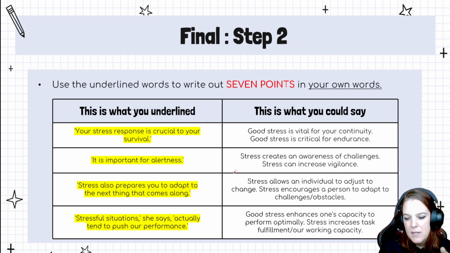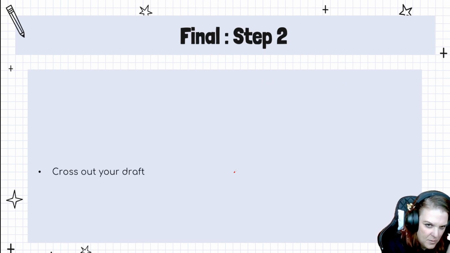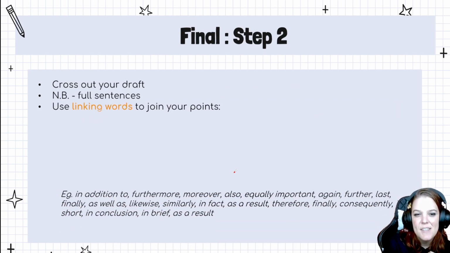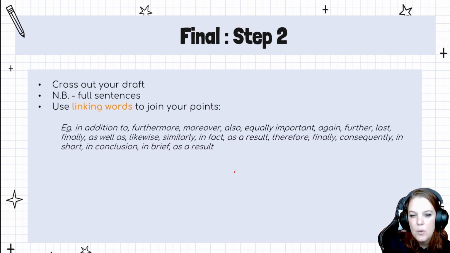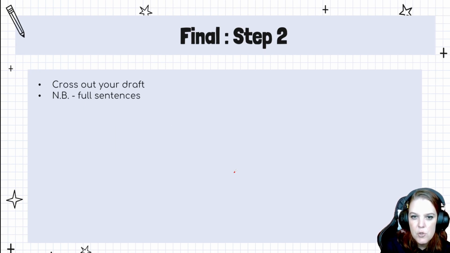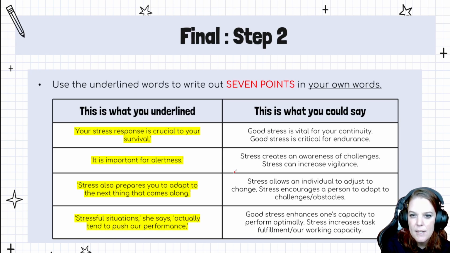It sounds very robotic. So it's nice to add some extra words to that, right? So in addition to, furthermore, also, equally, further, last, finally, as well. Some of those to join those sentences together quite nicely. You could say good stress is vital for your continuity. It also creates an awareness of challenges.